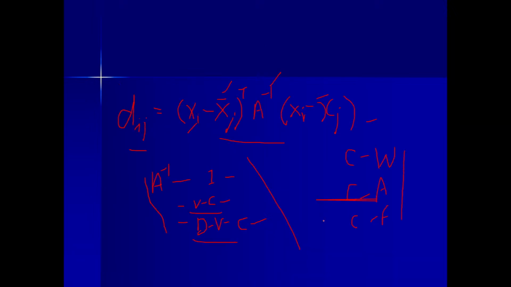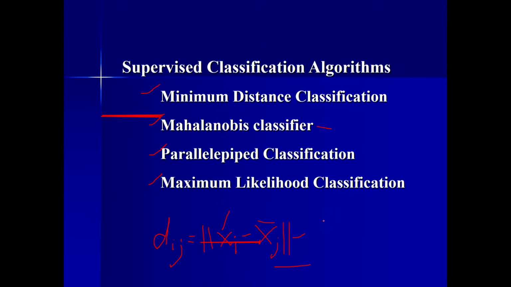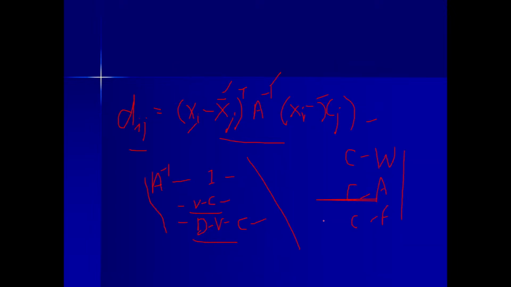conventional algorithms. The fourth algorithm is called maximum likelihood classifier, right? In short it is called MLC, maximum likelihood classifier. And this formula works on probability criteria.